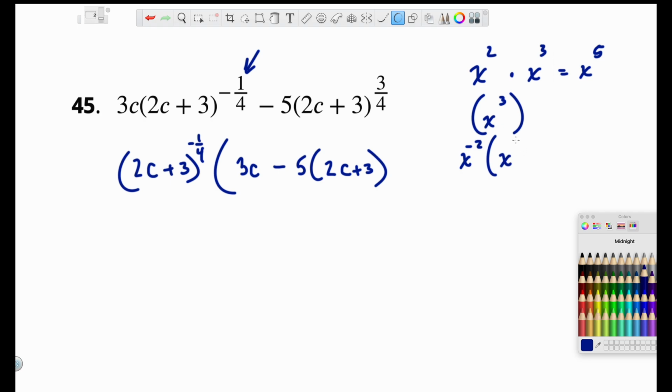That would leave me with x to the 5th. So if I take out an x to the negative 2, then this exponent got bigger by 2. I hope that makes sense, because if I multiply it back together, when I use my product rule, I add the exponents, and that would just get me back to x to the 3rd. Do you guys see that?